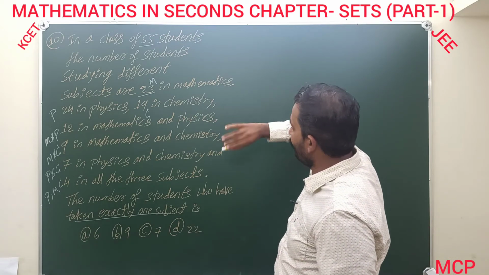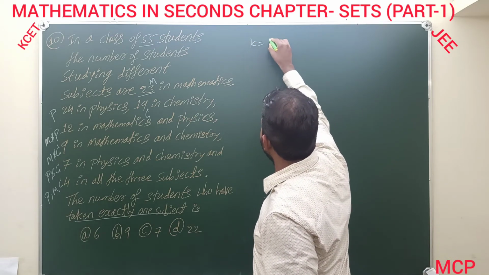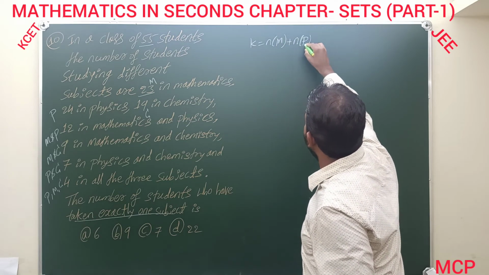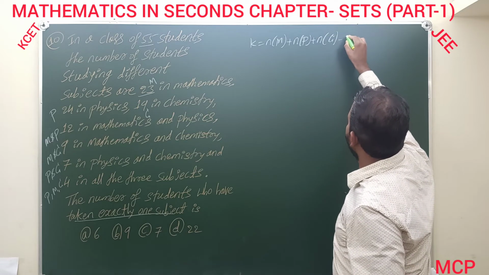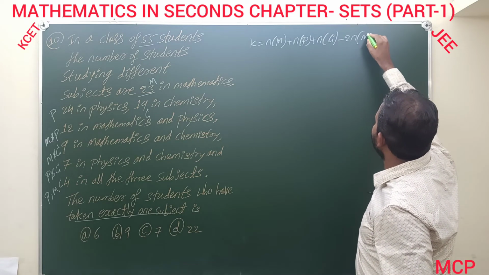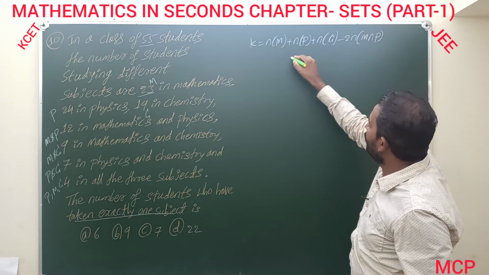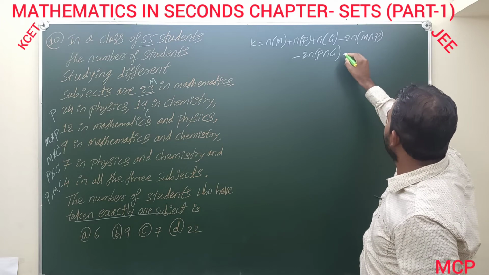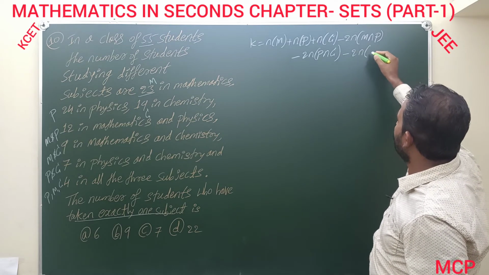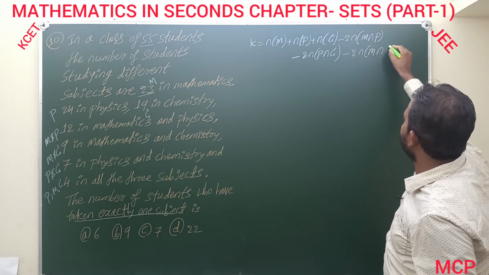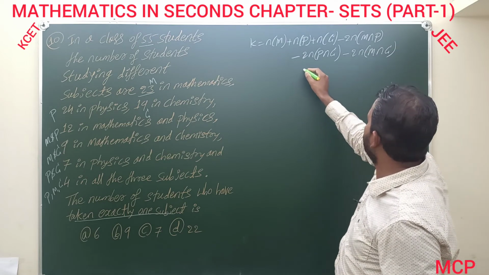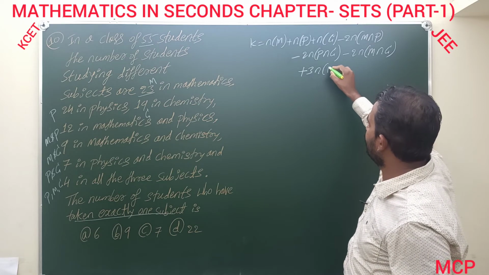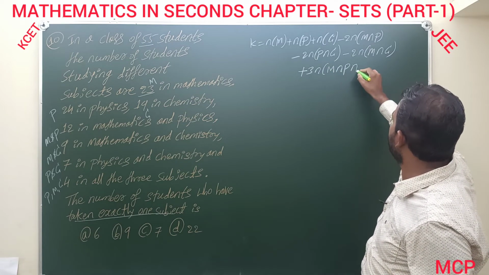So the required answer can be written as K. K is equal to N of M, maths, plus N of physics plus N of chemistry minus 2 into N of maths and physics minus 2 into N of physics and chemistry minus 2 into N of maths and chemistry. So again plus 3 into N of all the 3 sets, maths, physics, chemistry.